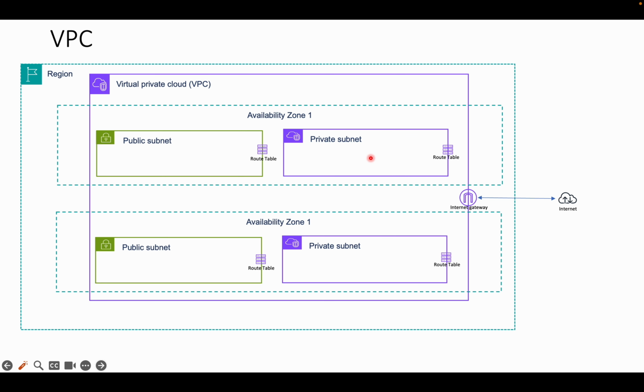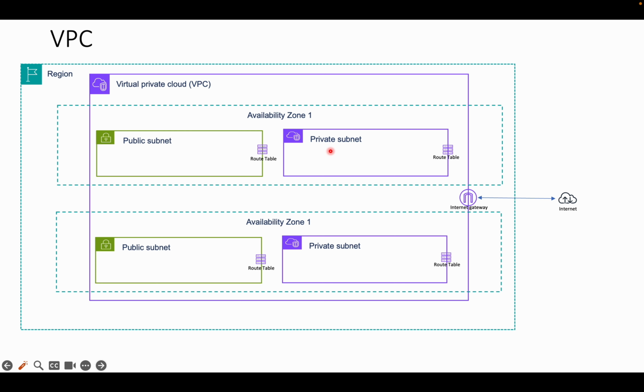In the private subnets, the traffic is served within the virtual private cloud, and in the public subnet, the traffic is served across the VPC, and it also connects to the internet through the internet gateway. The subnet category is defined by the route table which is attached to the subnet.